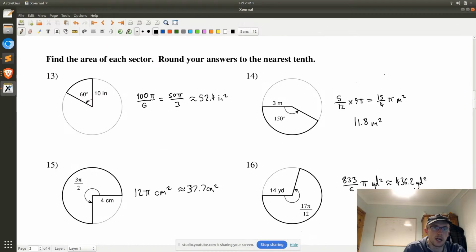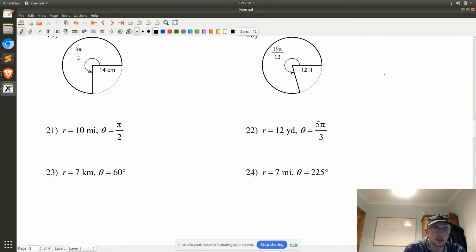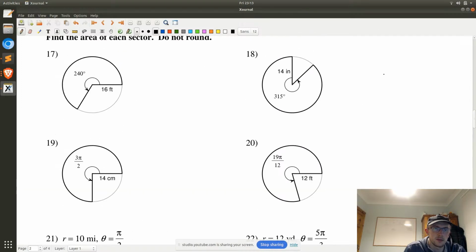Right, okay, so now these ones have to be exact. So, pi r squared, so that would be 256 pi, and then it's 2/3 of that. So 512 over 3 pi, that many square feet.